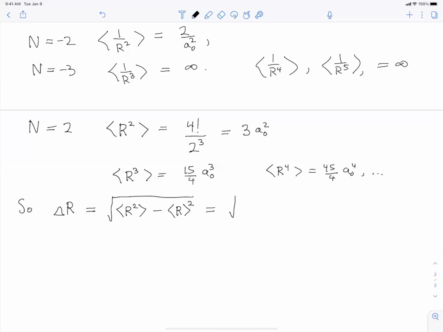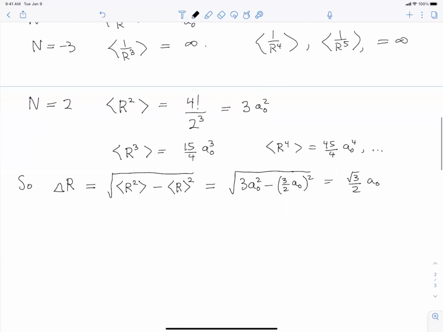So this is square root of 3a0 squared minus 3/2 a0 squared, which is otherwise known as square root of 3 over 2 times the Bohr radius. Again, this had to have units of distance, so it had to be some number times the Bohr radius, and it just turns out to be square root of 3 over 2.